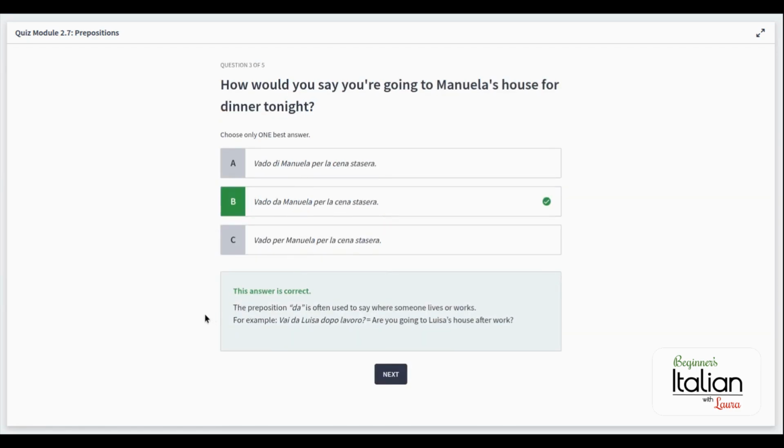Okay, so the correct answer was B. The preposition da is often used to say where someone lives or works. For example, vai da Luisa dopo lavoro means, are you going to Louisa's house after work?